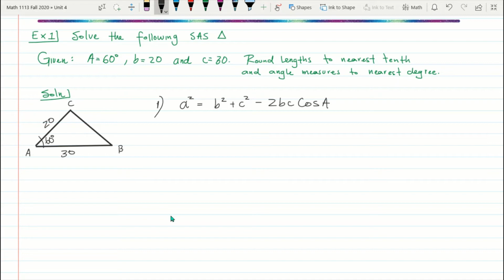So, do I know everything for this problem? Yeah, most likely. So, do I know B? Yes, it's 20. C is 30. So all I have to do is plug in the values in their corresponding place.